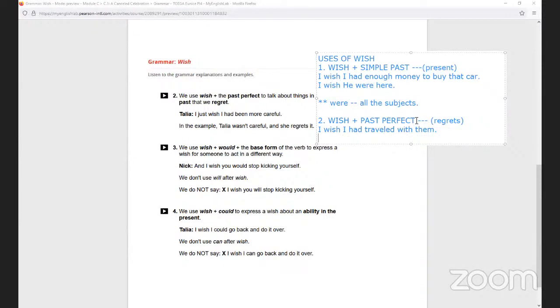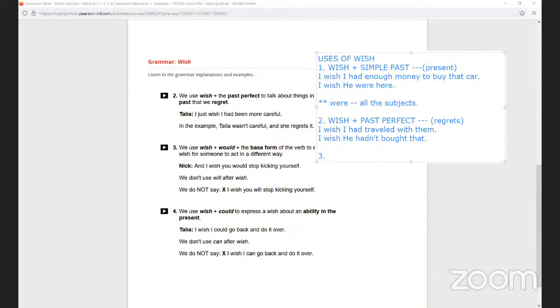Now I regret that. So the other, in negative, I wish he hadn't bought that, because it doesn't work, for example. Okay, so when we express regret, I just wish I had been more careful. It means that I wasn't careful. Or maybe that Talia wasn't careful.